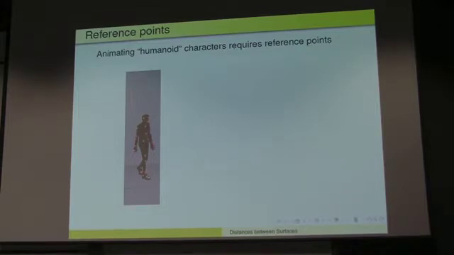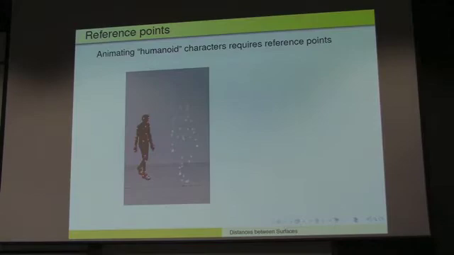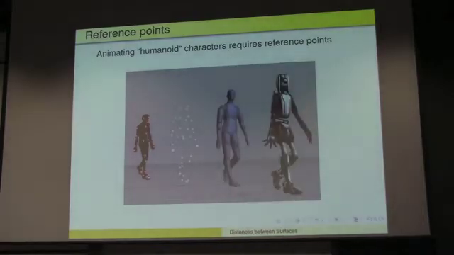What that means is that they put special emitters on crucial joints and reference points on the actor and film the actor while moving. And they then have the motion of these special reference points, and they look at the humanoid character where they have the same reference points, and those then control that motion.